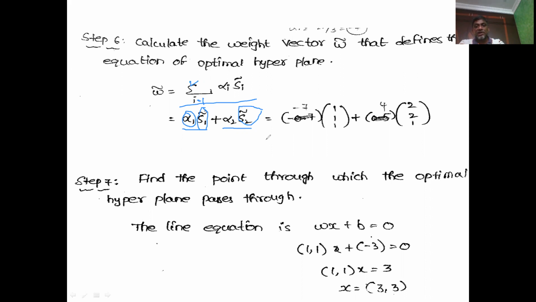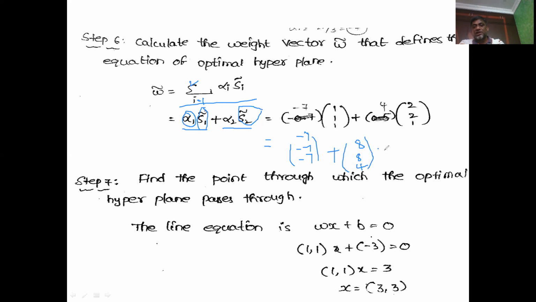If you perform the multiplication, what you will get is -7, -7, -7 as the first one, plus 4 into 2, 8, 8 and 4 as the second vector.